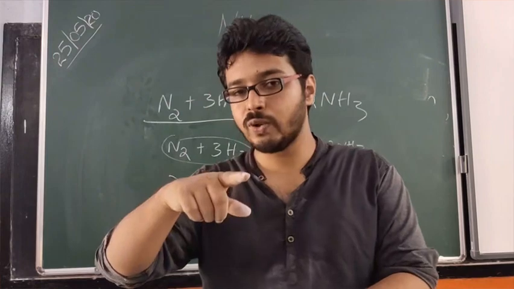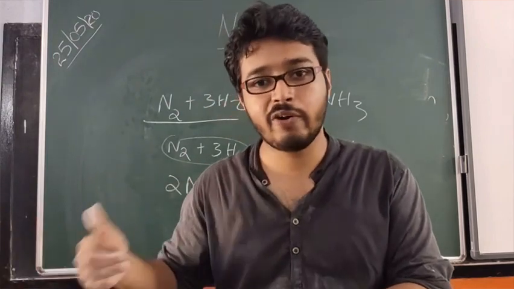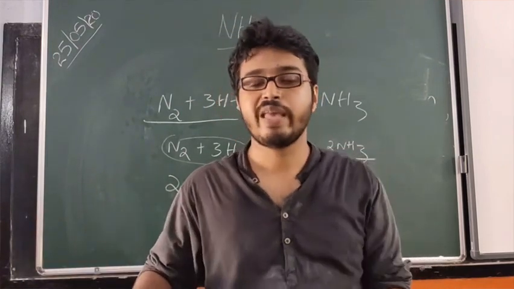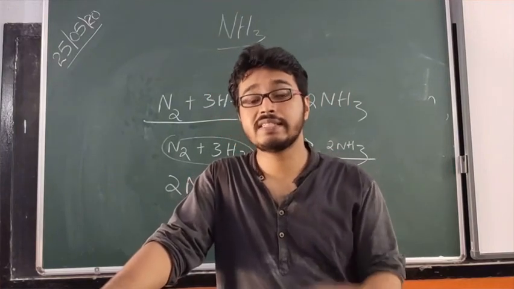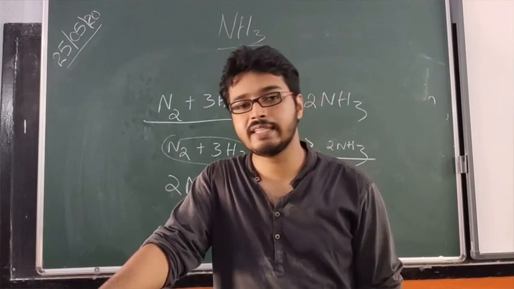This cycle will go on and there will be continuous addition of more N2 and H2. This is the industrial manufacture of ammonia. This is how we are producing ammonia in industry.